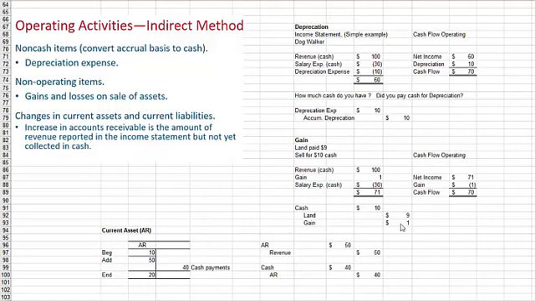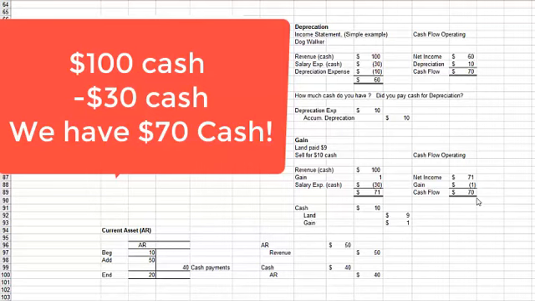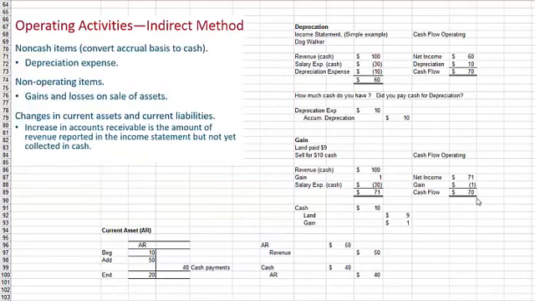This 1 of gain that we're seeing, is this cash? No, it is not cash. So what we're going to do here is take our net income less our non-operating item, which is our gain, to get us a cash flow of 70. This should make sense because we knew that we have $70 in our wallet for our company.